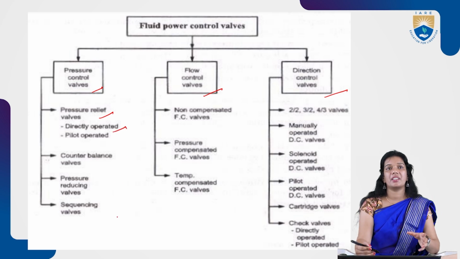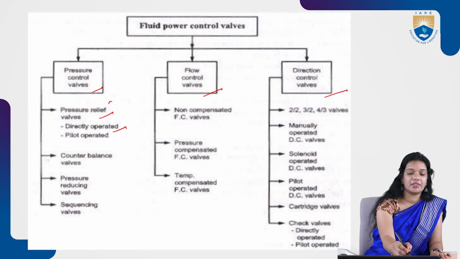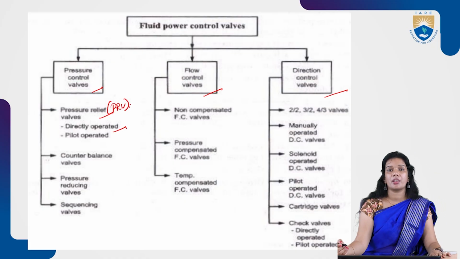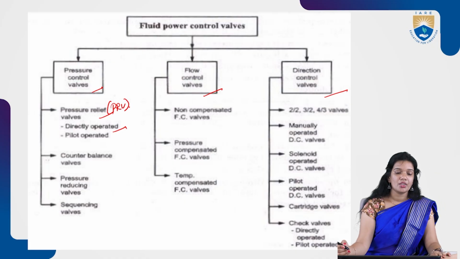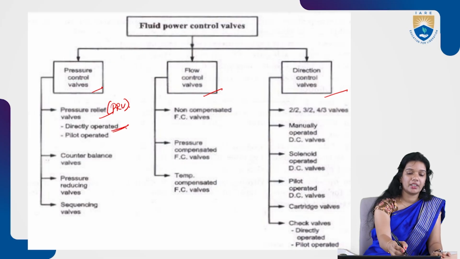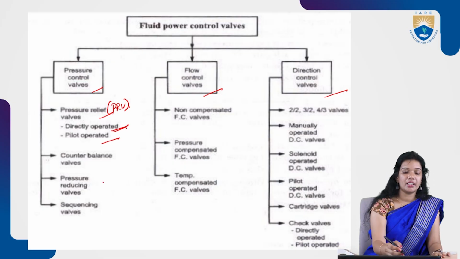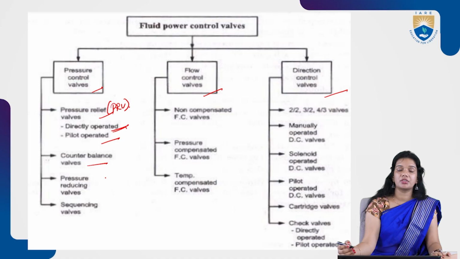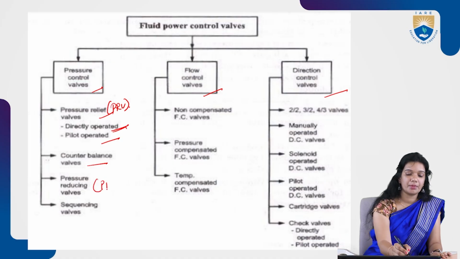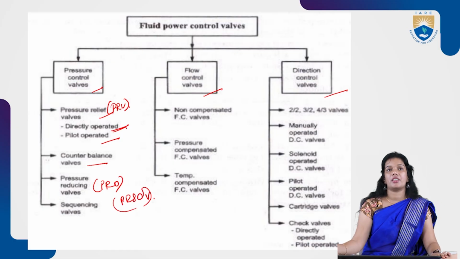These pressure relief valves are nothing but PRVs, which we have seen when talking about electrical systems. We have PRVs which are directly operated and pilot operated. Then there are counterbalance valves, so that you can counter the balance. Then you have pressure reducing valves, PRVs.